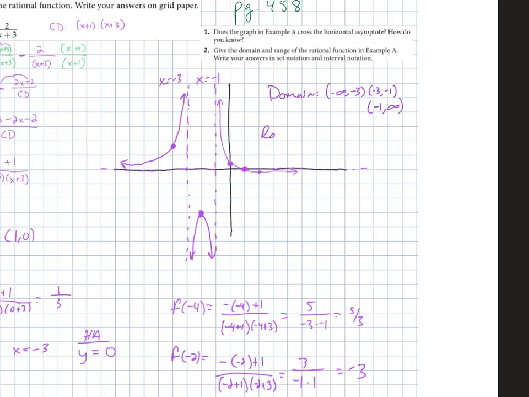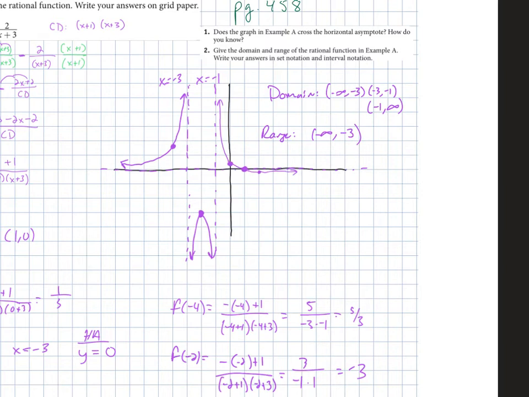The range, on the other hand, appears to be much more difficult. Clearly everything from 0 to infinity will be up there. Negative infinity up to -3 will be there. That's the bottom portion there, this part right here, negative infinity to -3.